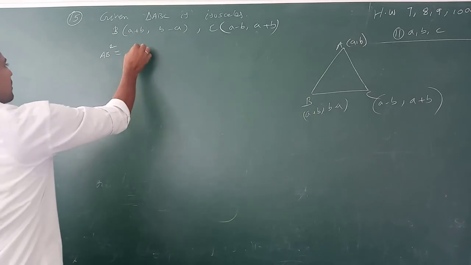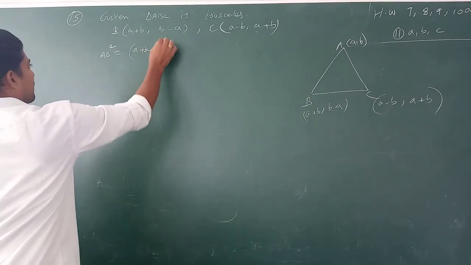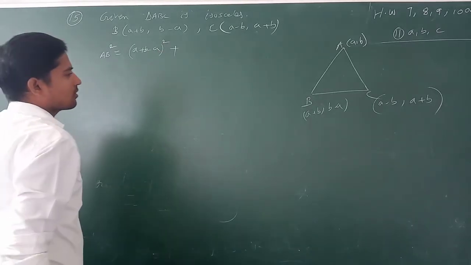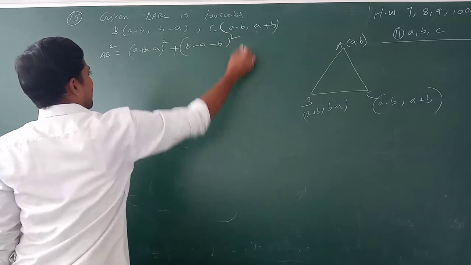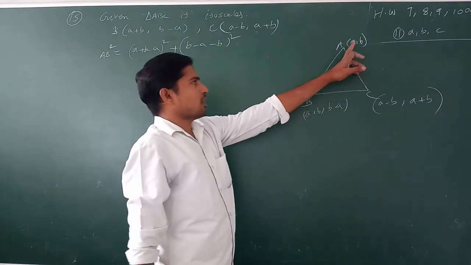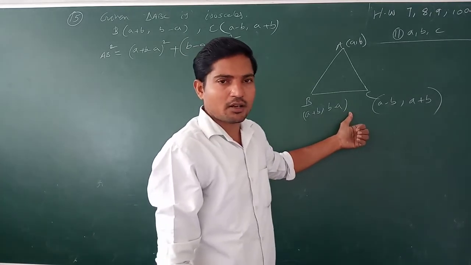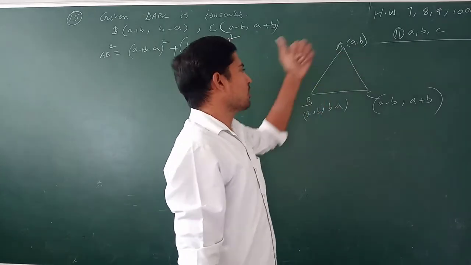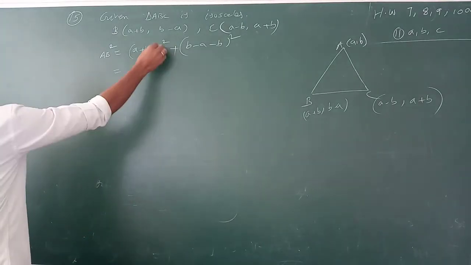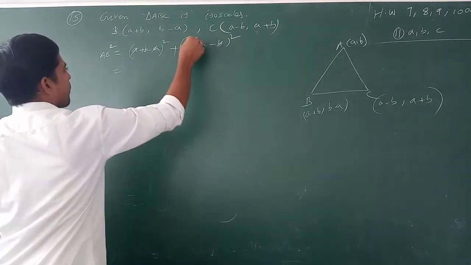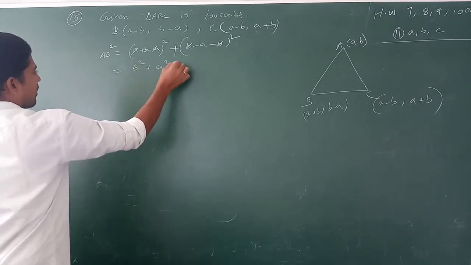That implies (a plus b minus a) whole square plus (b minus a minus b) whole square, so b square plus a square.